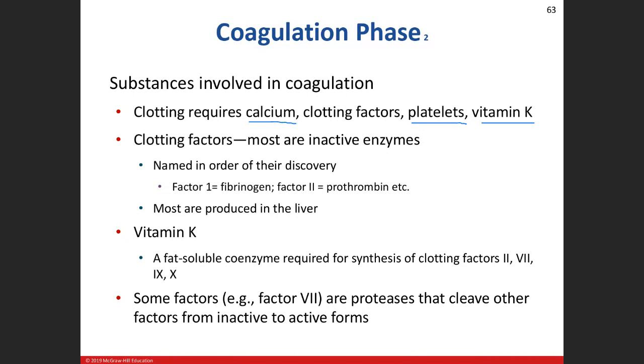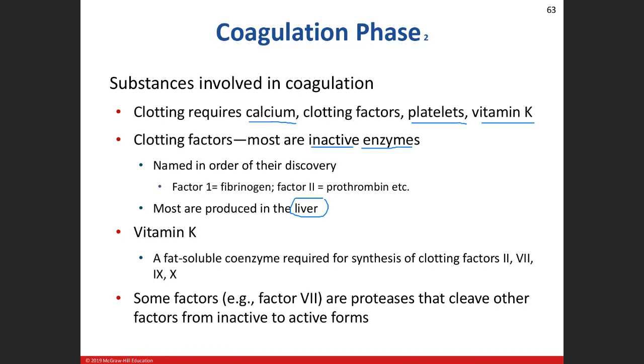Understand that clotting factors are basically enzymes. They will be inactive, not all of them, but they're enzymes. Enzymes facilitate chemical reactions. An important thing, and this is why it's so important: you take good care of your liver, because your liver makes a lot of these clotting factors.